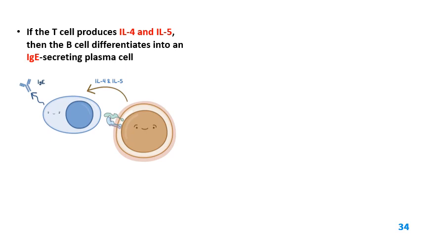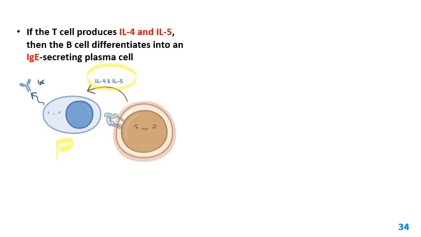Let's say that at first your phagocytic innate immune cells ate up a piece of worm. I always like the worms. So it told your T cell to produce certain types of cytokines like interleukin-4 and interleukin-5. When the T cell communicates to the B cell, instead of giving it interferon gamma, it gives it interleukin-4 and interleukin-5.